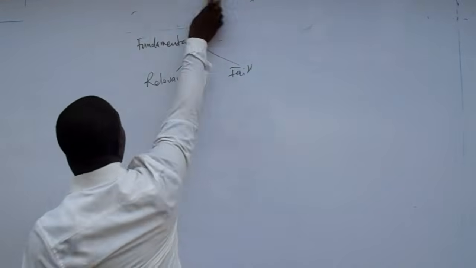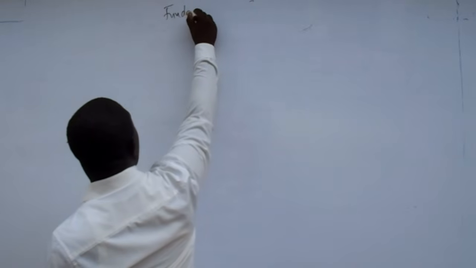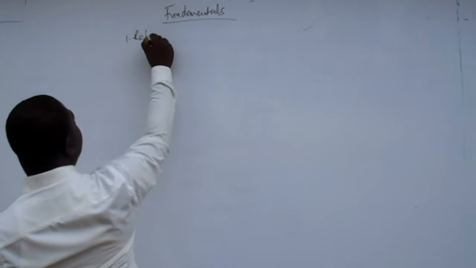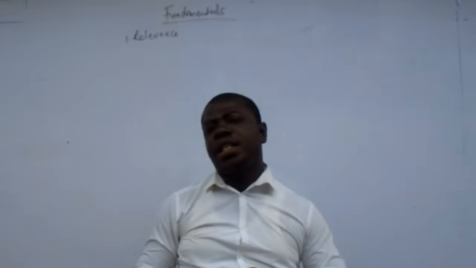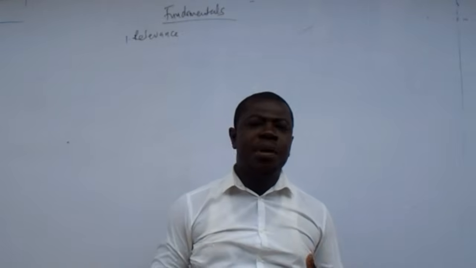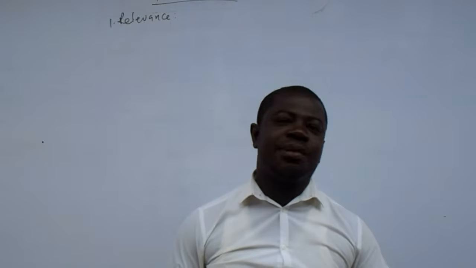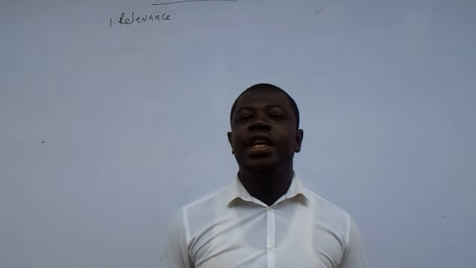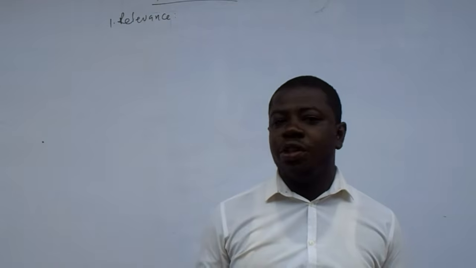Okay, so still on the fundamental, we talk about relevance. Now, relevance of financial statements or financial information means that when we say financial information should be relevant, it means that it must serve the needs of the users. For example, if I need information on purchases, information on sales will not be relevant to me.